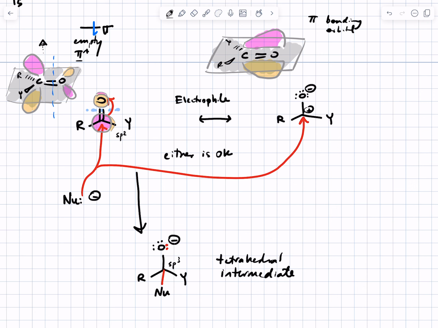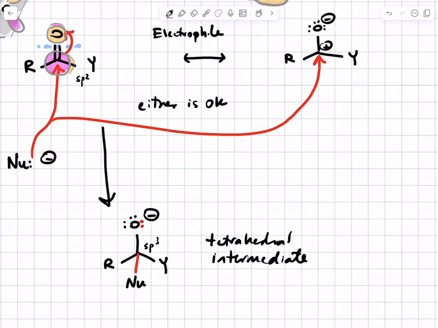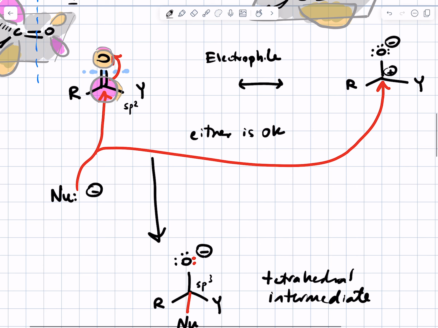All right, good. So now we need to investigate what role this Y group plays in how reactive a carbonyl carbon is. There are two main considerations for how the Y group affects carbonyl reactivity.